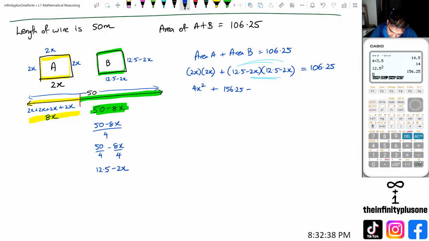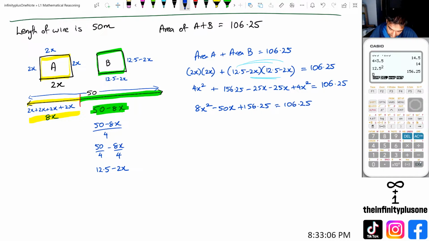Minus 12.5 times 2 is 25x, minus 25x plus 4x squared. All of this is equal to 106.25. So combining my like terms, 4x squared and 4x squared is 8x squared minus 50x plus 156.25 equals 106.25.